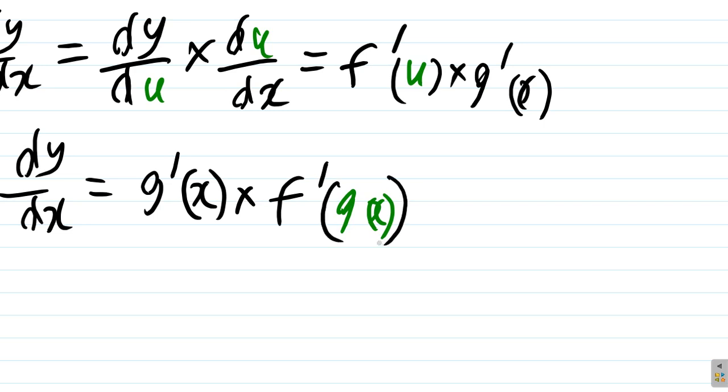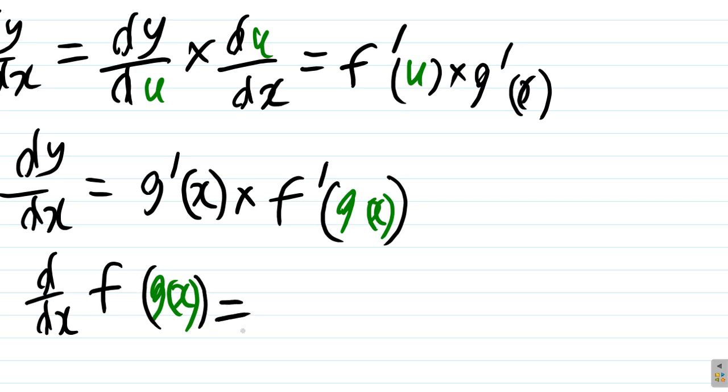You see that? So therefore, what we can say is that the derivative with respect to x of f of g of x is equal to g prime of x multiplied by f prime of g of x.